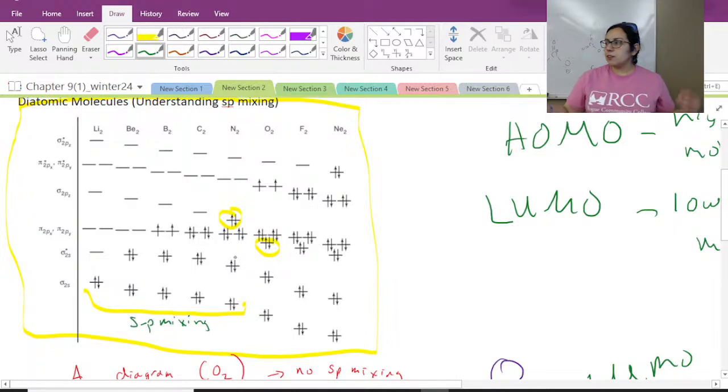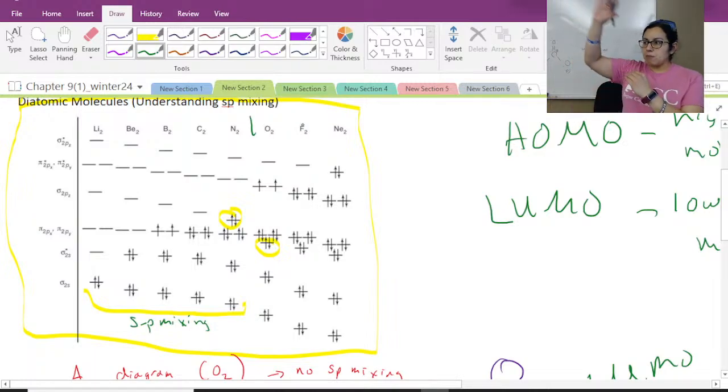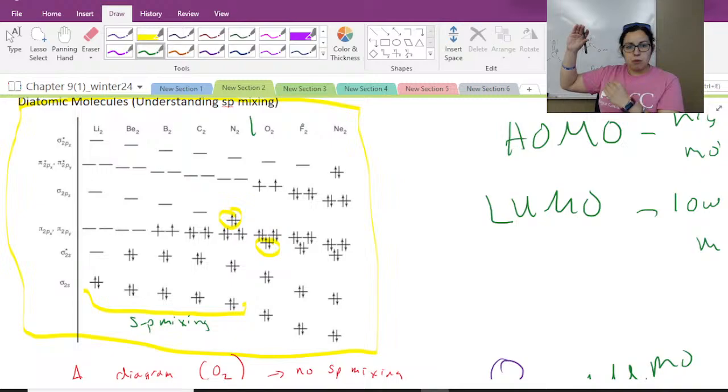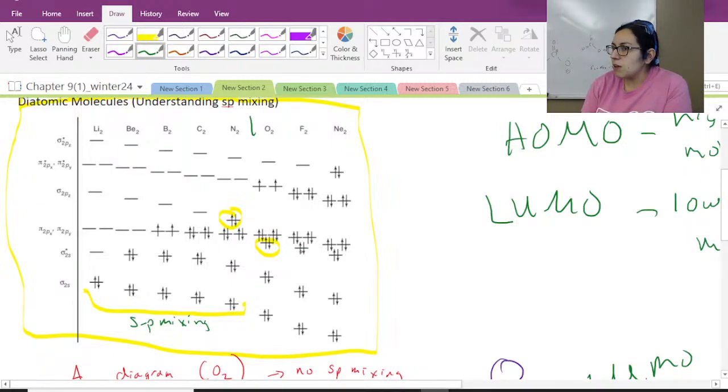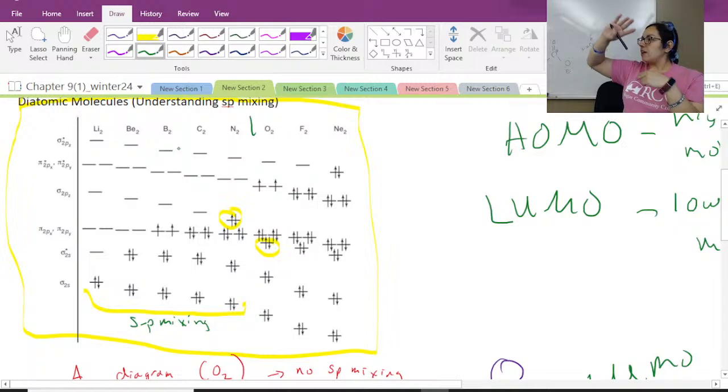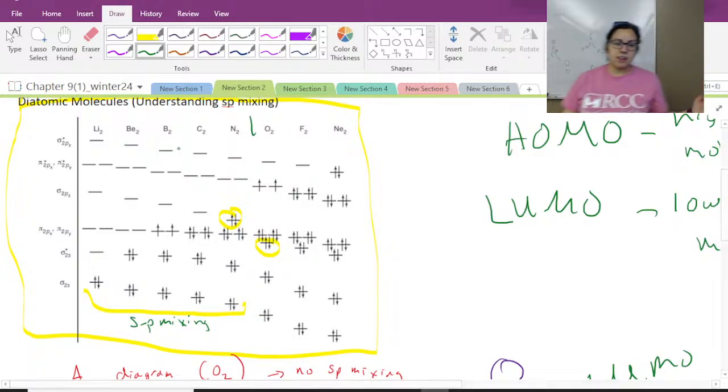And so before we get into how they mix, well, how come oxygen, fluorine, and neon don't mix? Well, with these elements, the gap between the s orbitals and p orbitals is just a little bit more, that they do not invoke mixing. But then once we get down to nitrogen and carbon, they're a little bit closer together, so they do have mixing.